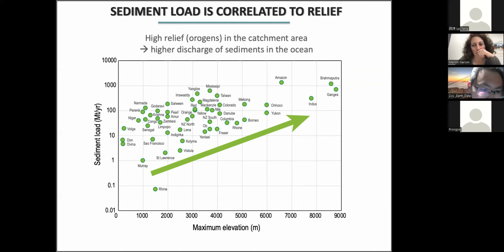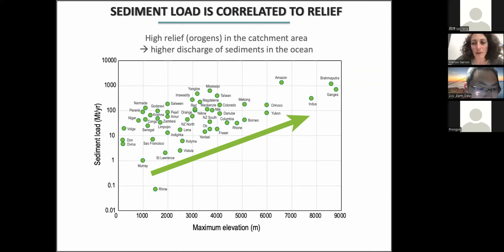When you draw this correlation, I buy it, especially for the larger ones, the Amazon, Indus, Ganges, for example, which have a lot of sediment load. But for a lot of other points here, those with low elevation, there doesn't seem to be a clear trend of increasing sediment load with elevation.